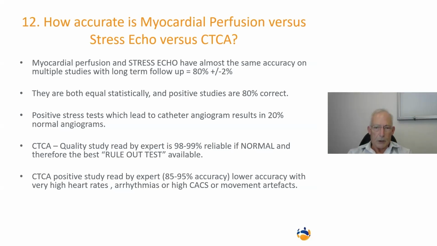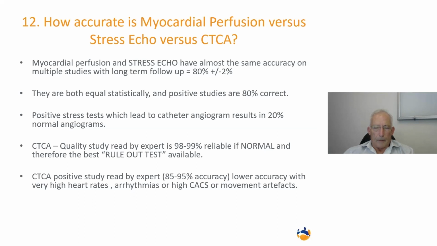So it's clear that as a rule-out test, if any of these tests, stress echo or stress MIBI, are positive, their specificity for coronary artery disease is high.